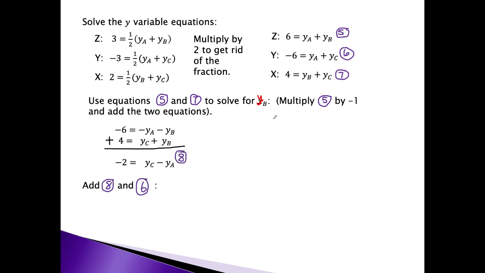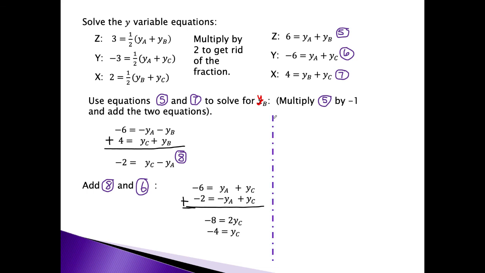I add 8 and 6, so I get -6 equals ya plus yc. I add that to -2 equals -ya plus yc, and I get -8 equals 2yc, so -4 equals yc. Again, I'm just dividing off my paper.